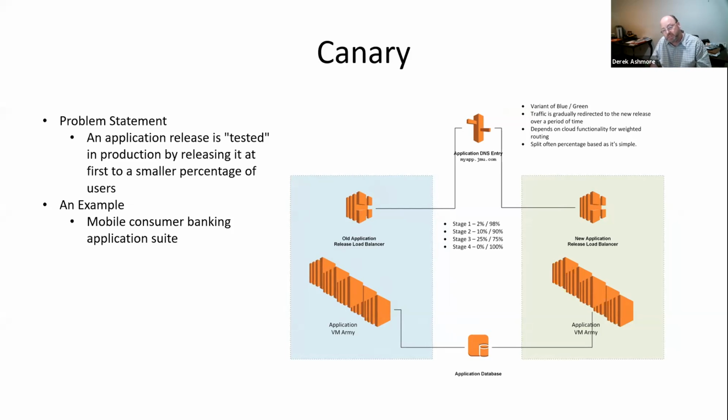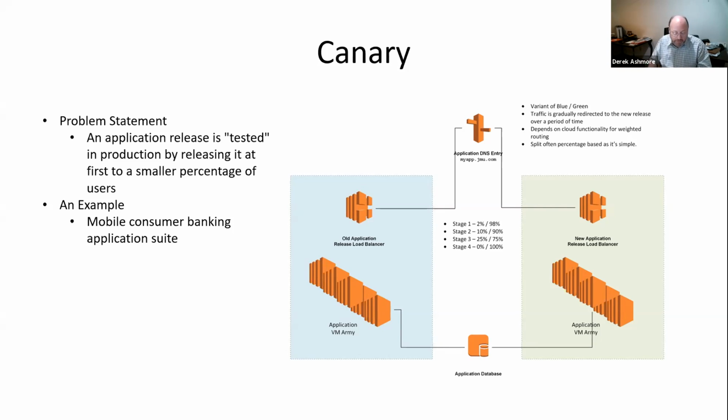What we do is some sort of routing switch where we might say, just as an example, take 2% of our production load, send that 2% to the green version or the new release, watch for errors, see if we get any complaints, do some monitoring, see how well it's doing. And then in another stage, we might say, okay, we're doing good. Instead of 2% to the new version, we're going to give 10% to the new version, right?